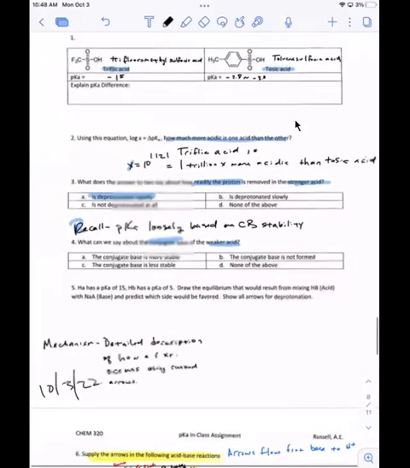So a more stable conjugate base is the result of a stronger acid giving up its proton. A less stable conjugate base is a result of a weaker acid giving up its proton.